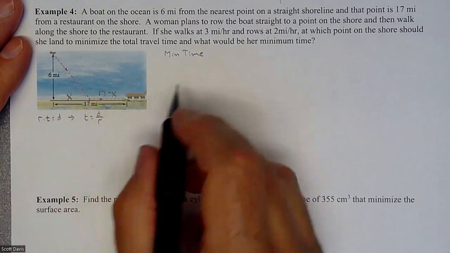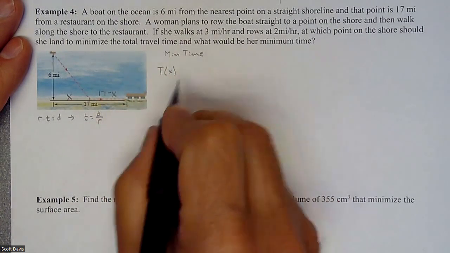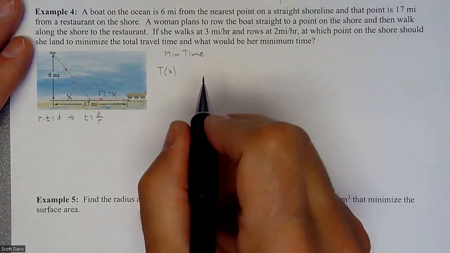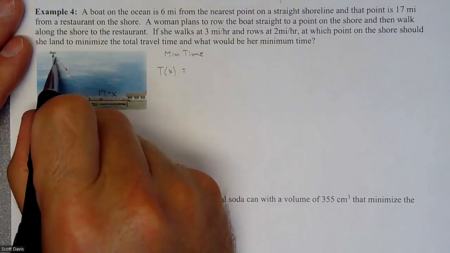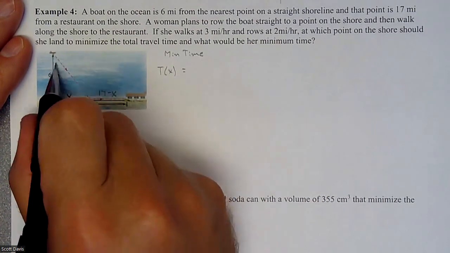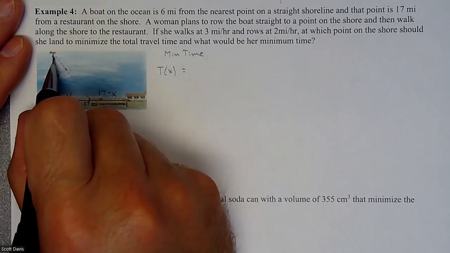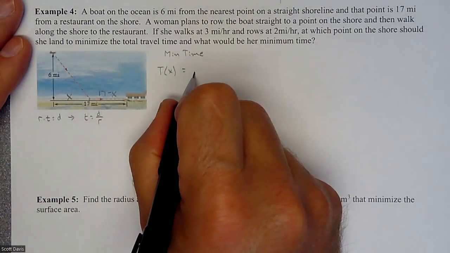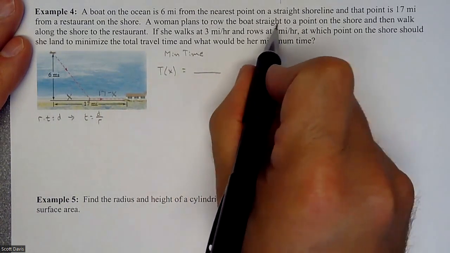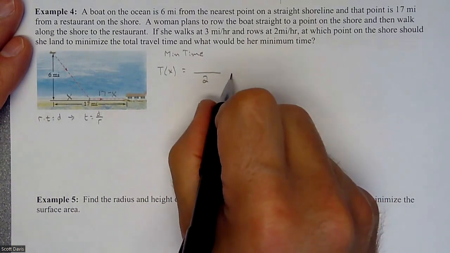So our time is going to be related to the distance we're rowing and the distance down the shore that we're walking. For the rowing distance, we're going to divide it by the rate at which she rows, which is 2.